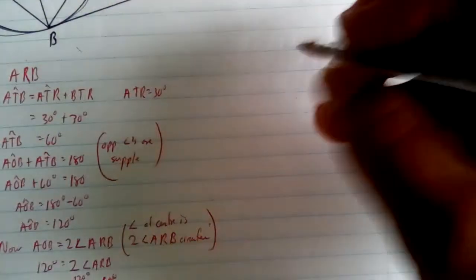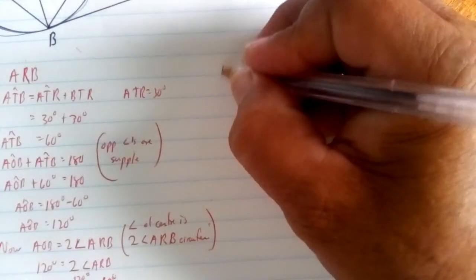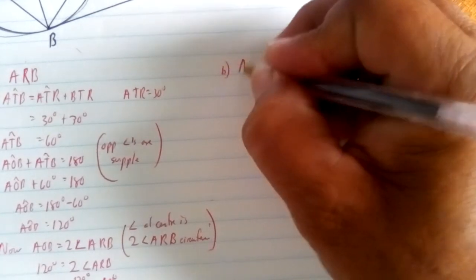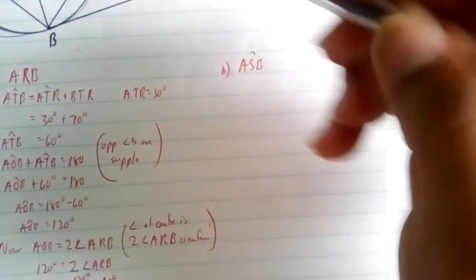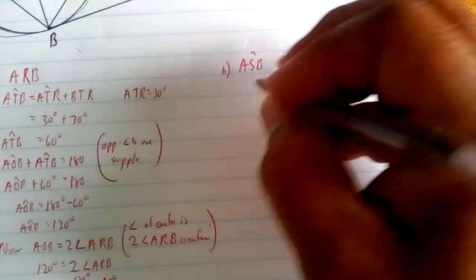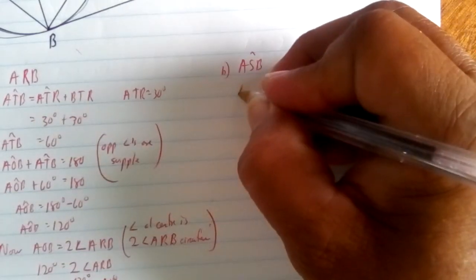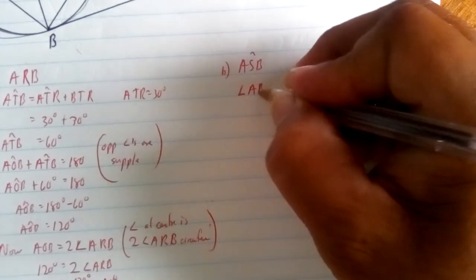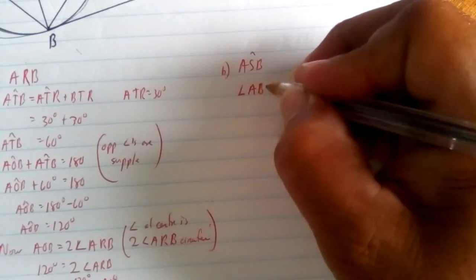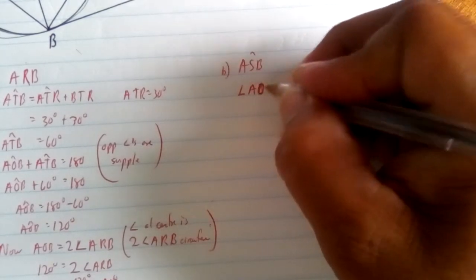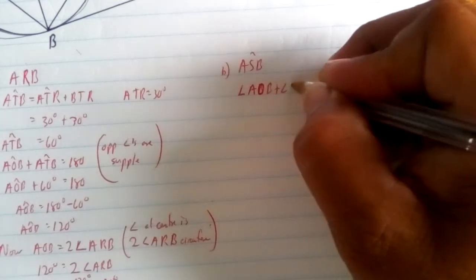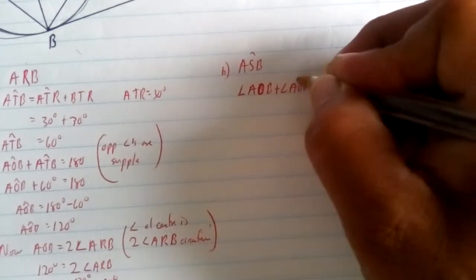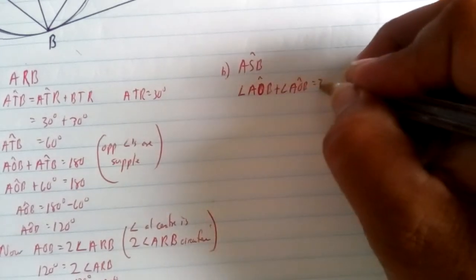So now we're going to go to the other one. This is now 120 degrees. We want angle ASB. So what do we do? We're going to say that angle AOB plus angle AOB, wait a minute, they repeat themselves again.